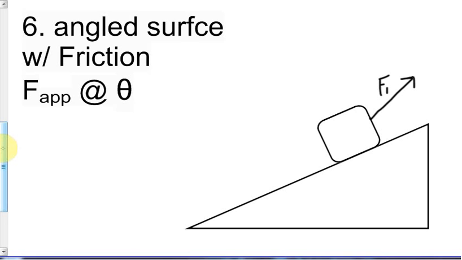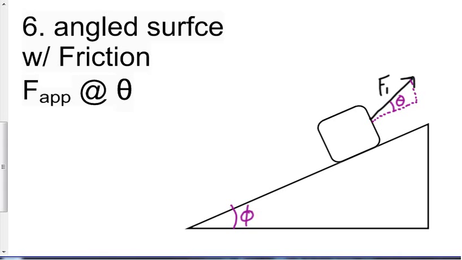Notice we have a little bit of an issue already, because some of F1 is in the x direction and some of it is in the y direction. So I break that up. This is my angle theta. This angle down here can be different, and so I'm going to call this conventionally angle phi, however you want to pronounce it.